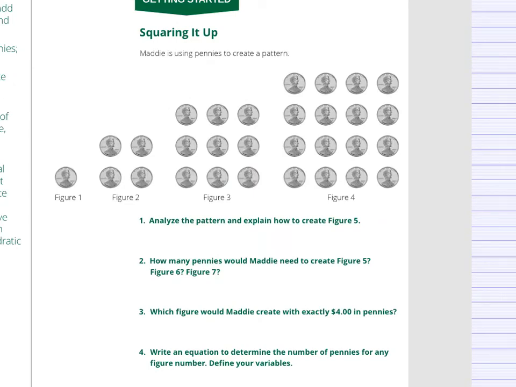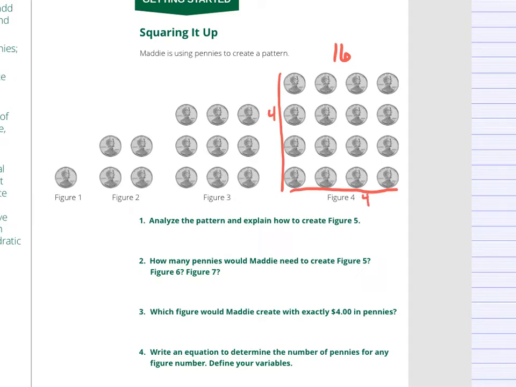All right, now the next problem in this section involves recognizing patterns. I have figures 1, 2, 3, and 4 here, but it might actually be easier for you if I start at 4 and work my way backwards. To get the number of pennies in figure 4, if I counted them, it ends up being 16 pennies. But if I'm looking for a pattern, I would say there's 4 pennies on the base and 4 pennies on the height.